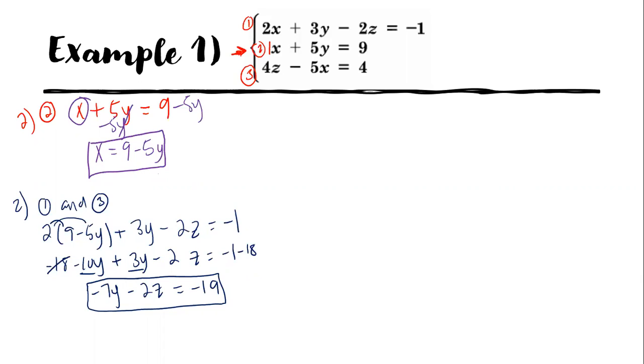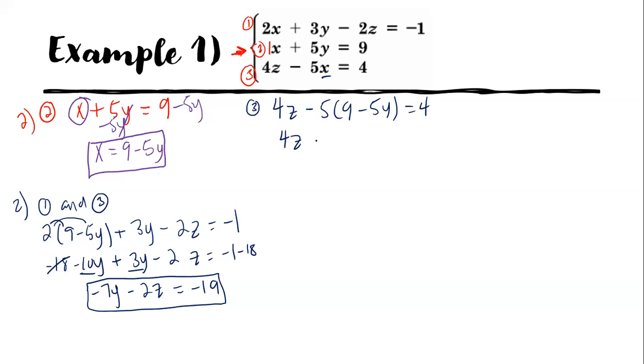for equation 3. So I'm going to substitute in x into equation 3. That gives me 4z minus 5 times 9 minus 5y equals 4.